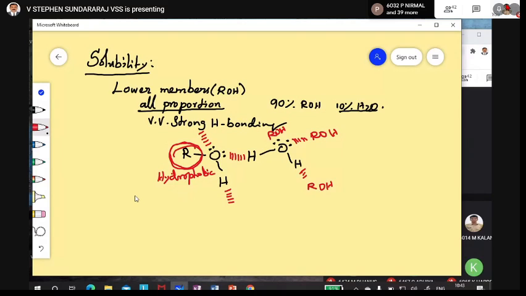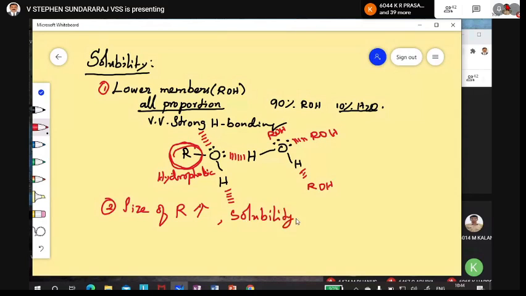And here itself you write down as the side point number 2. Point number 1, they are highly soluble in water, especially lower members are soluble in any proportion, in all proportion. The second point is as the size of R increases, solubility decreases. What is the reason?